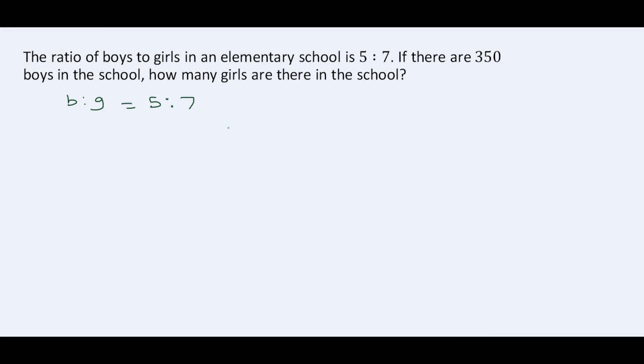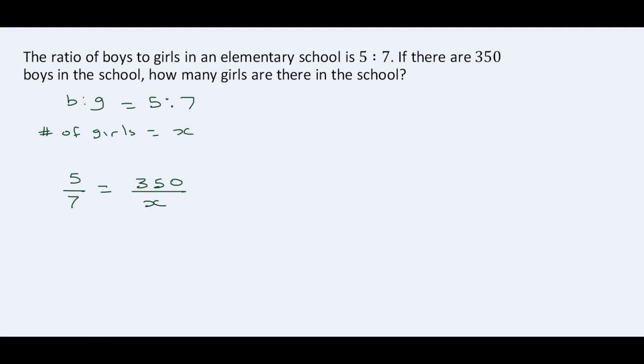So let's look at this. Number of girls in the school. So let's say number of girls, we call that x. So our ratio equation that we're going to create here is 5 over 7 is equal to 350 over x, where x is the number of girls in the school.